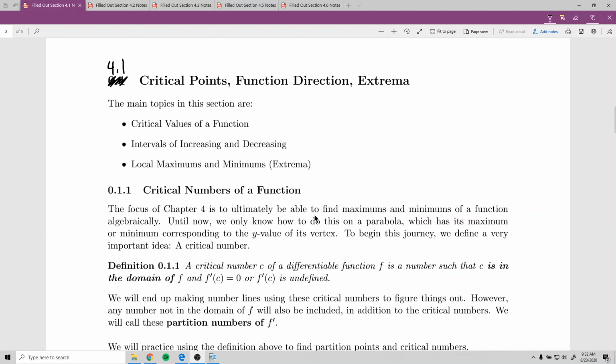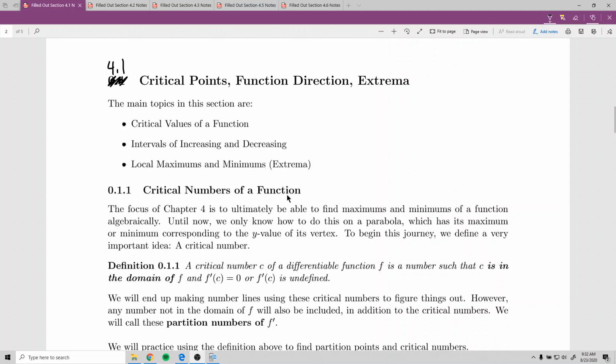So really the whole goal of this entire chapter is to be able to do word problems in 4.6 that will ask for the maximum or minimum of a function. And the reason why this is so important is when you're talking about business applications, you want to maximize things like the profit and the revenue. You would like to minimize things like the cost and so on.